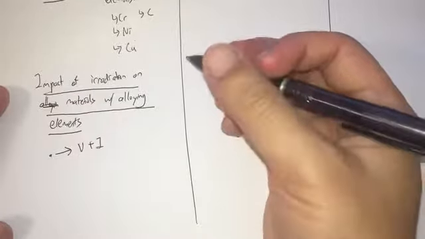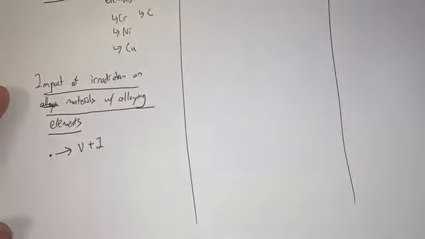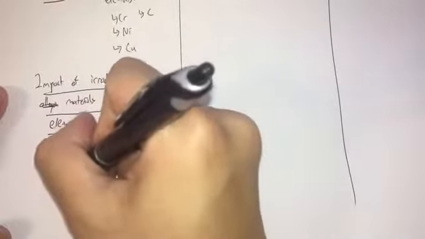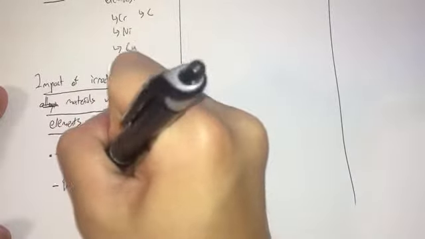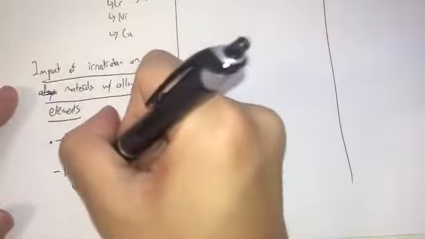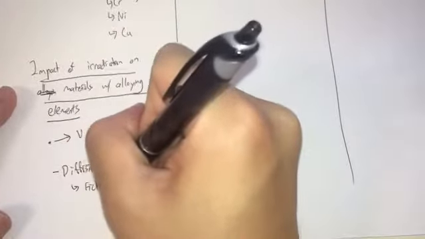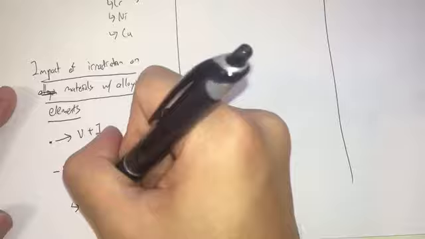For this, you will need to understand diffusion, and some of the mechanisms behind diffusion. For example, you might want to know Fick's law, and we might also want to know something called the Kirkendall effect.